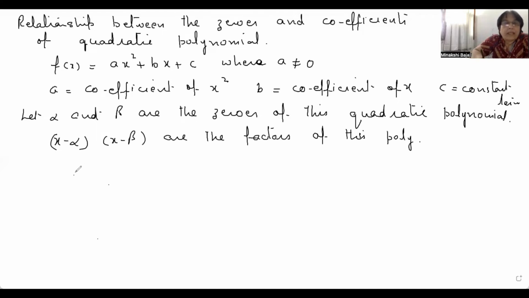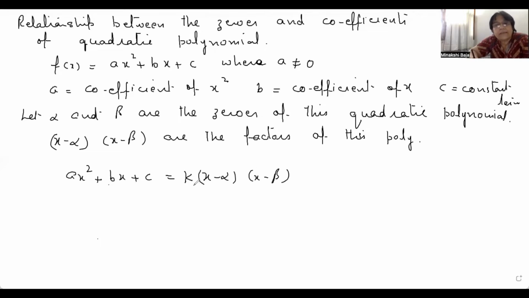It means ax square plus bx plus c can be written as k times x minus alpha, x minus beta. We will write k here.